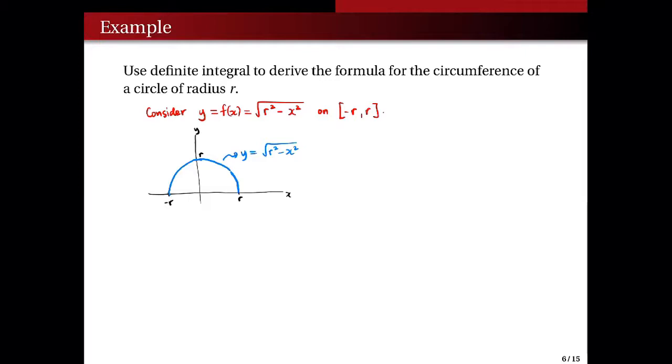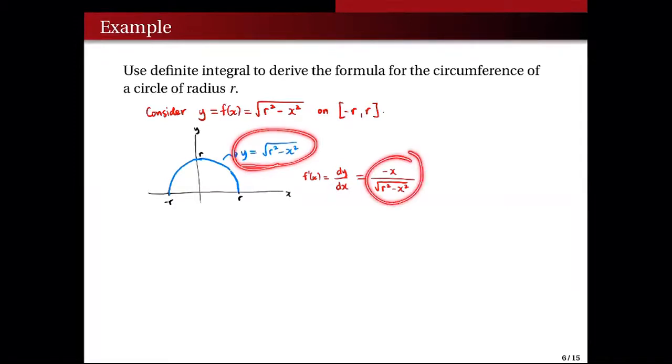So let's see. f prime of x, that's your dy over dx. If you calculate this, it is just negative x divided by square root of r squared minus x squared. So please practice your derivatives.